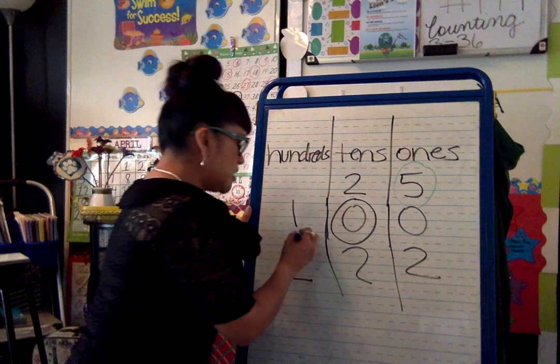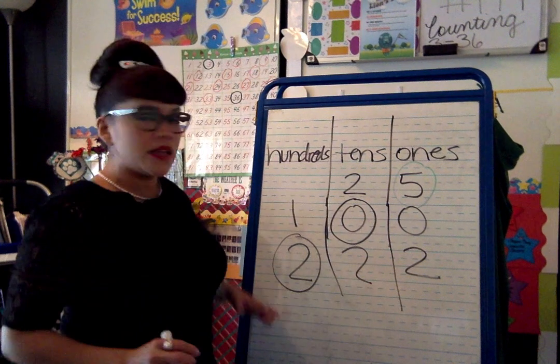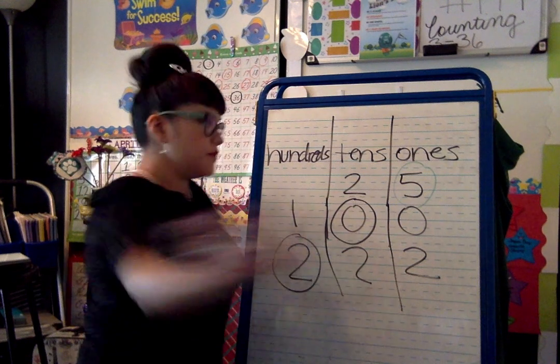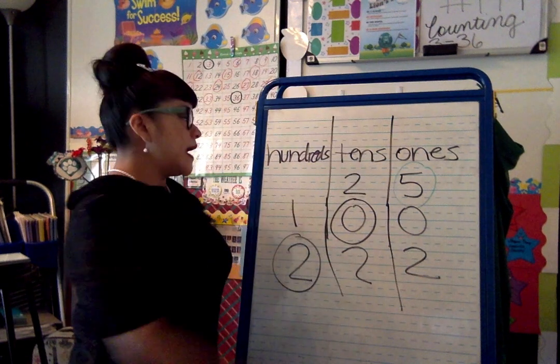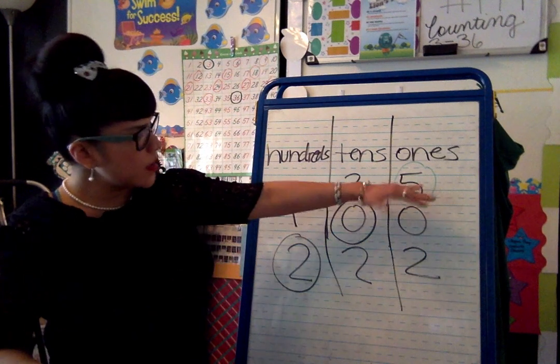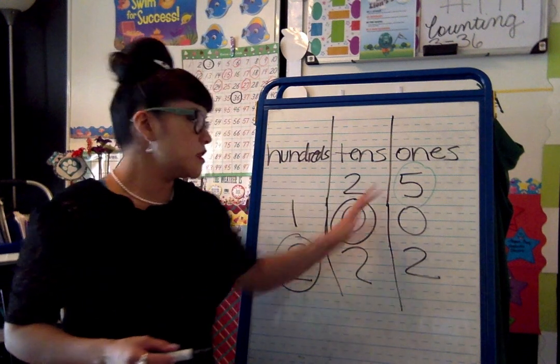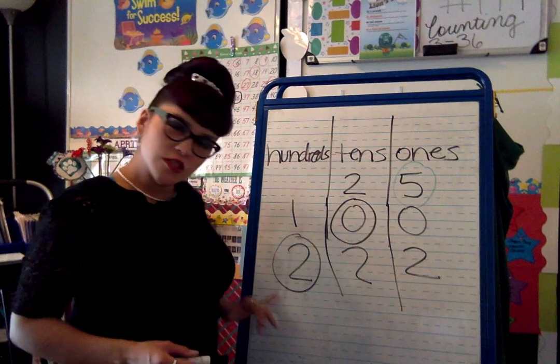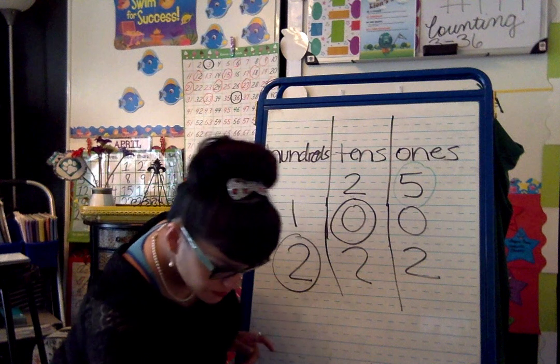So you should have circled the last 2, right? So can you guys echo me? Ones, tens, and hundreds place. Great job. You see how every number that I gave you was in a specific place in order? So ones, tens, and hundreds place. All right, great job.